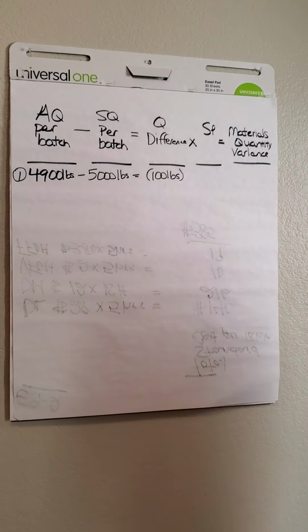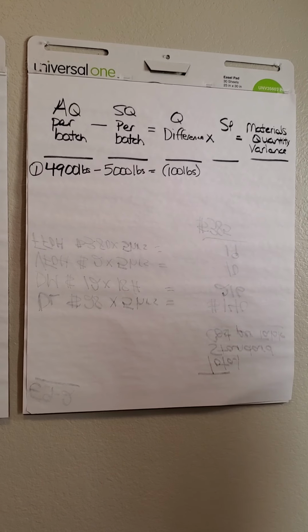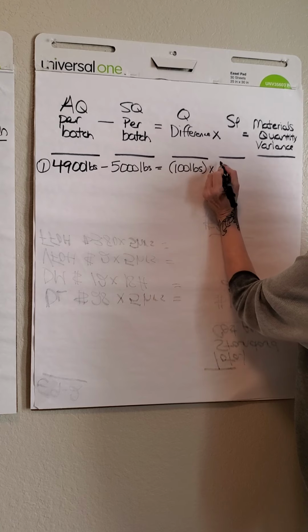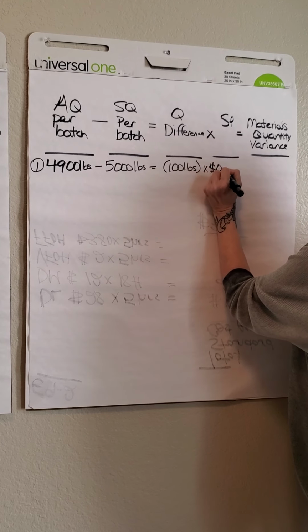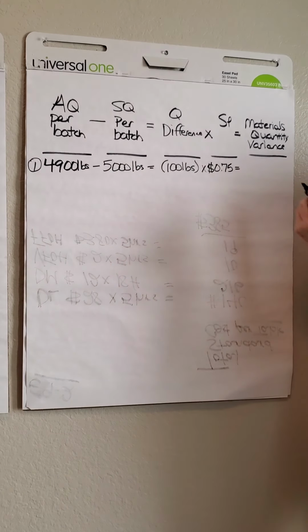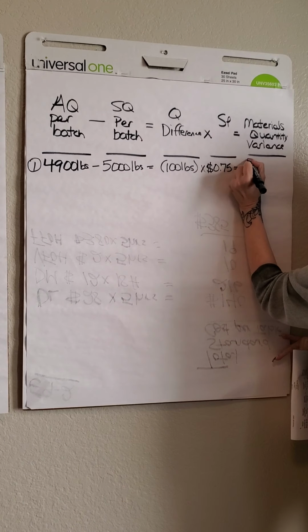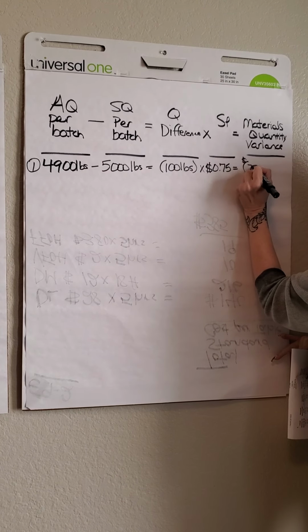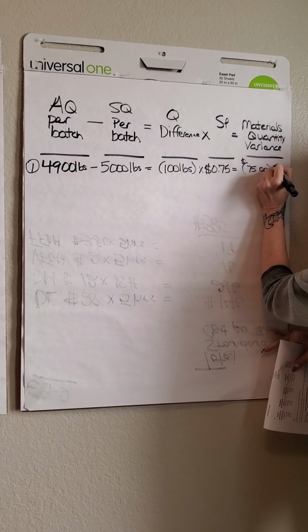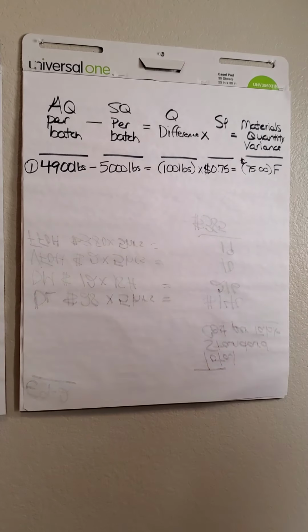We used fewer pounds than the standard. So then we're going to multiply that times the price per pound of 75 cents per pound. And that's going to give us a materials quantity variance of $75. It's negative, which means we spent less, which means it's favorable.